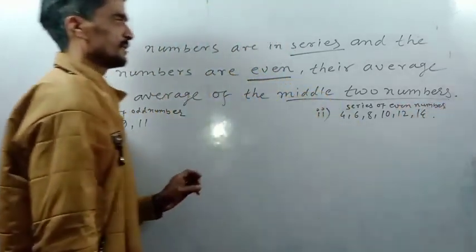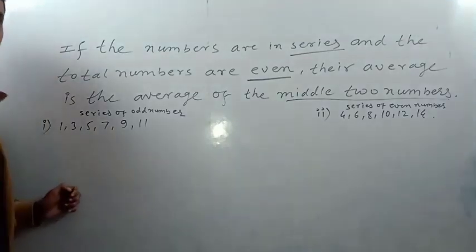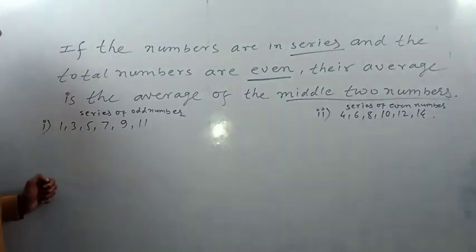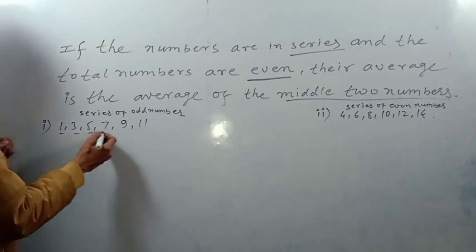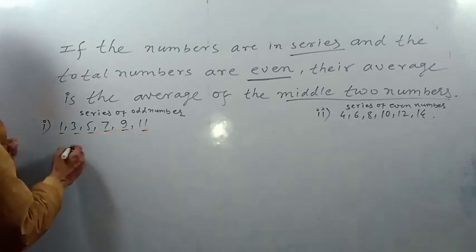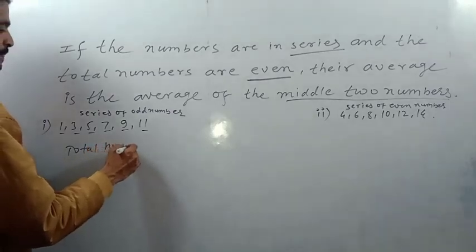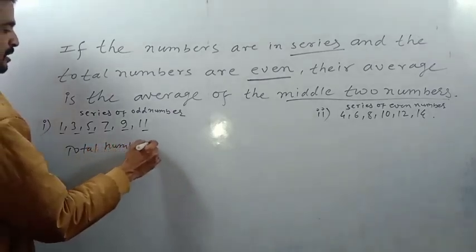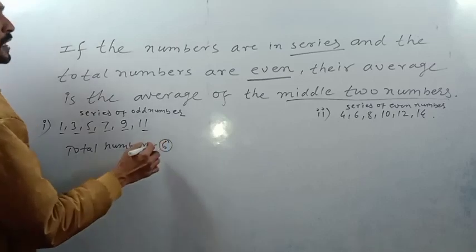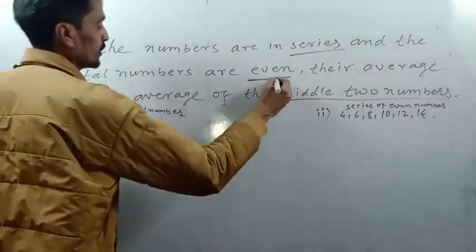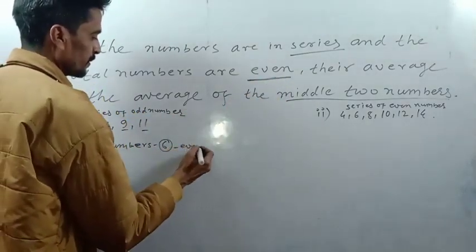If it is a series, then find out the total count of numbers. 1, 2, 3, 4, 5, 6. The total is 6, so it needs to be even. 6 is an even number.